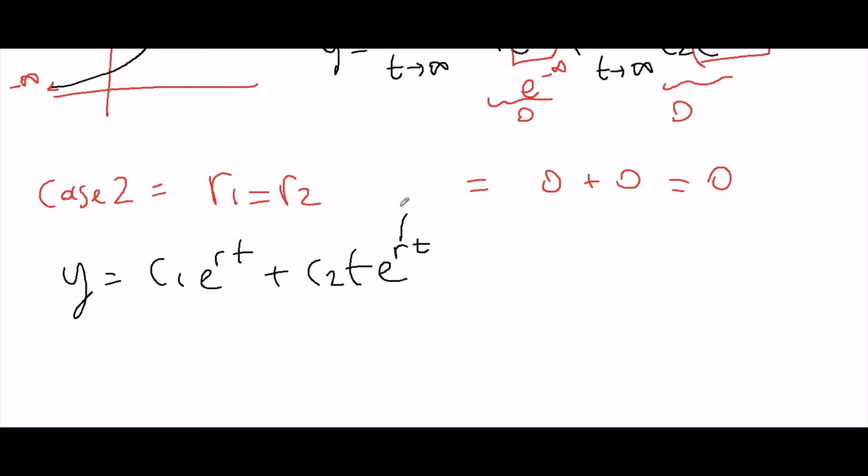Again, we know that r is a negative value and t goes to infinity, and e to the negative infinity approaches 0. So this is also approaching 0. So this value is approaching 0.